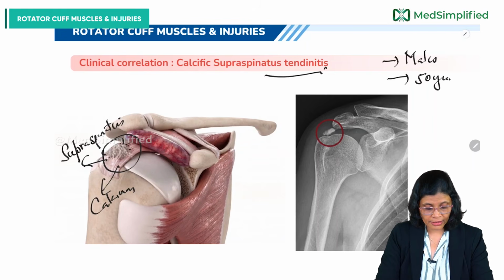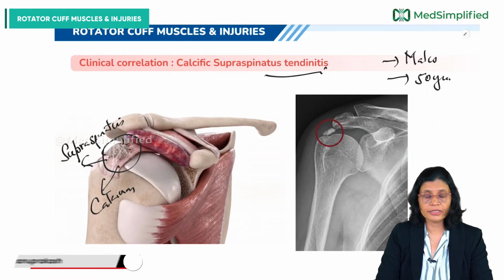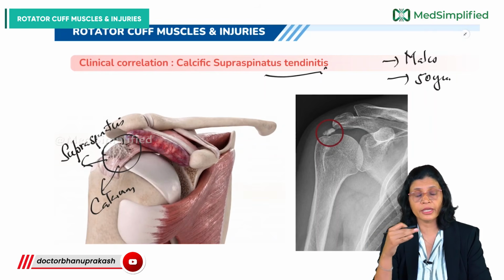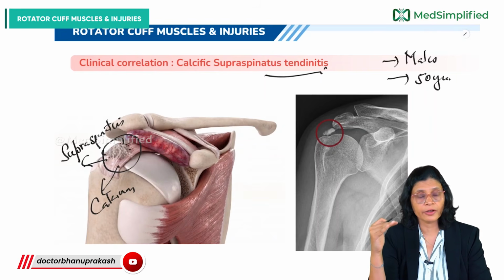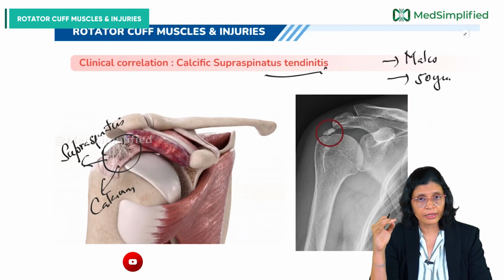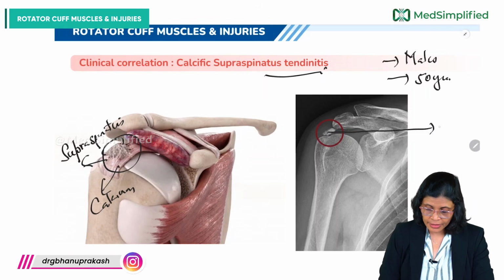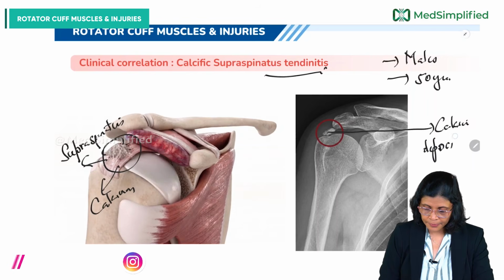This calcium deposit, what happens is during the movement, supraspinatus, I told you, brings about the first 15 degrees of abduction movement. And during that period, there is always pain. Okay. So here in the X-ray also, you can see this. This is the calcium deposit, which you can observe in the X-ray.